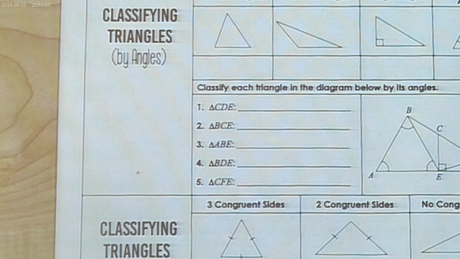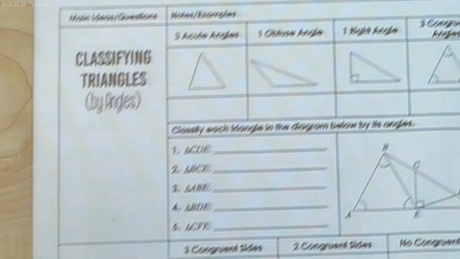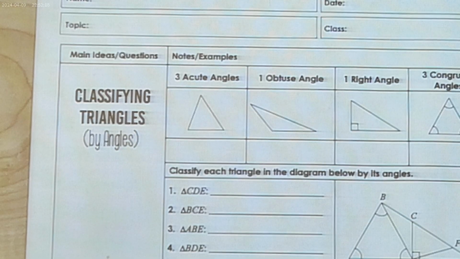So first things first, we're going to start with their classification with the worksheets here. If they have three acute angles, what is an acute angle? Actually, I'm going to get a new pencil. An acute angle is any angle that is less than 90 degrees.